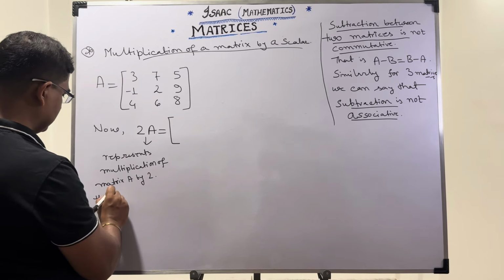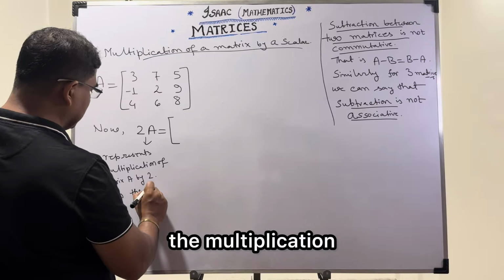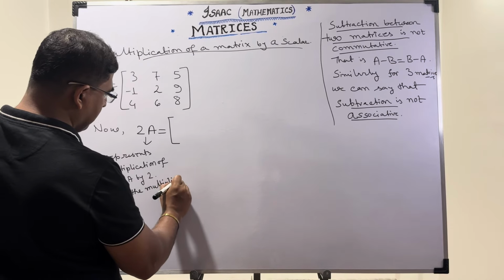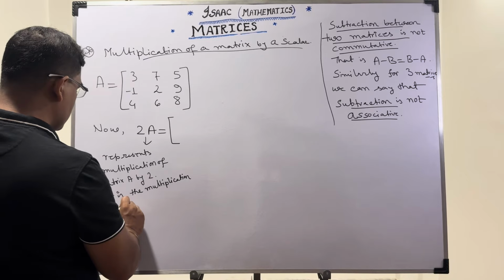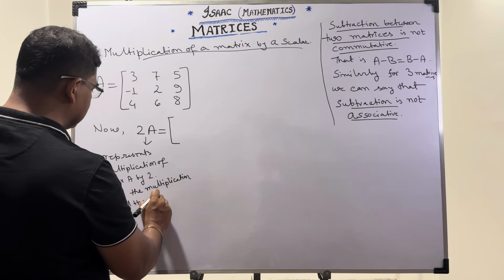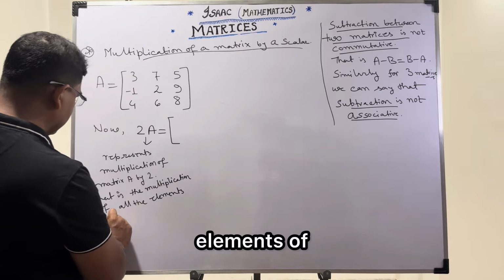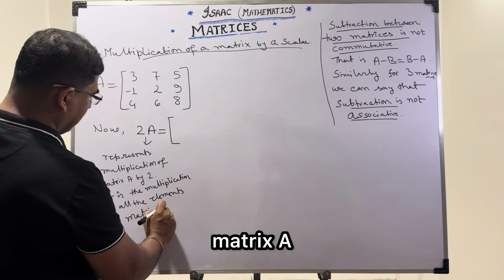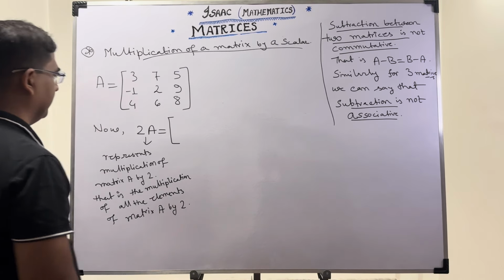That is, the multiplication of all the elements of matrix A by 2. Okay.